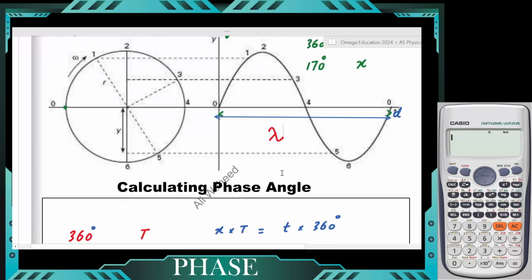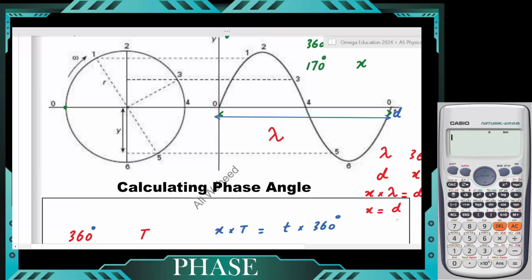And for the given distance, we can cross multiply. For one wavelength, we have 360 degrees. And for the given distance, the phase would be x. And you get the same expression. If I write it down like this, x times lambda equals d times 360. Then lambda would be shifted to the other side.